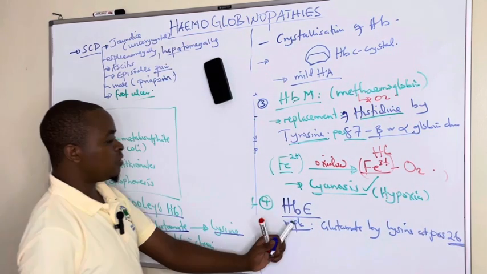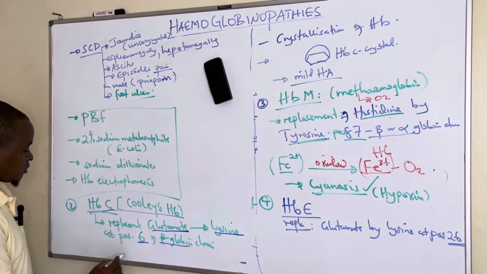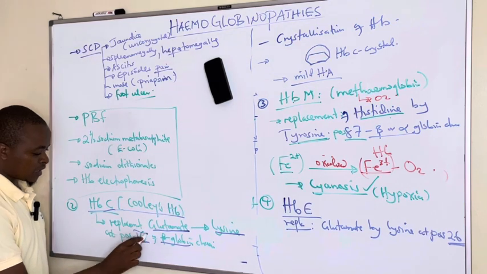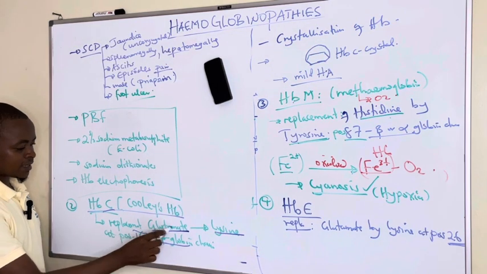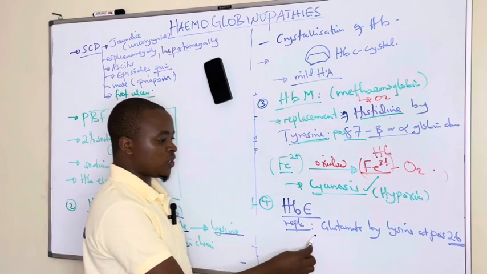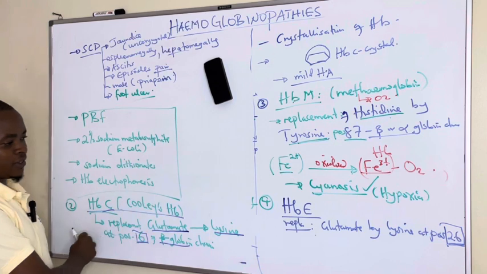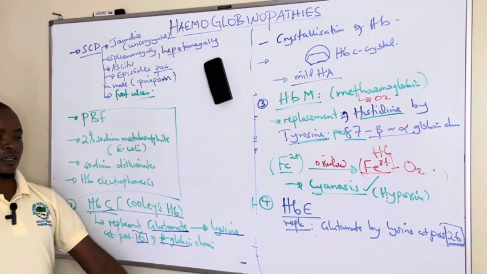So the difference between hemoglobin E and hemoglobin C is the position. For C, it is at position 6, but the same amino acid is being replaced. But for this one, the replacement is at position number 26. That is the difference between HBC and HBE.